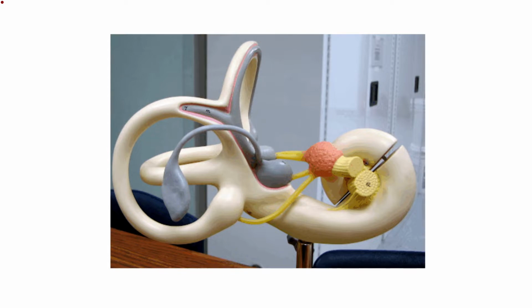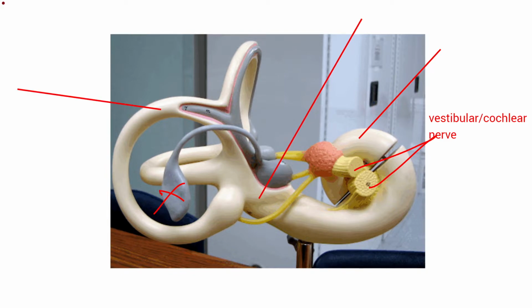So we're not going to worry about that. So this part right here, you don't have to worry about naming. Okay. This is the vestibulocochlear nerve. Okay. This is the cochlea. This is the vestibule. These are the semicircular canals.